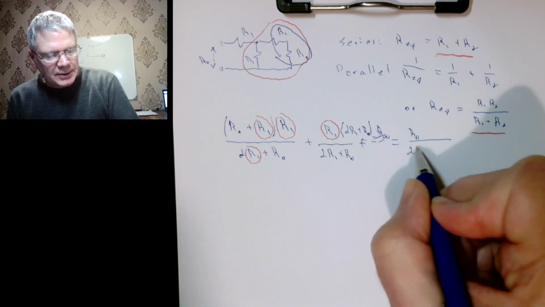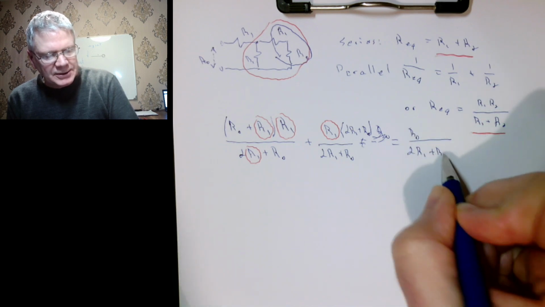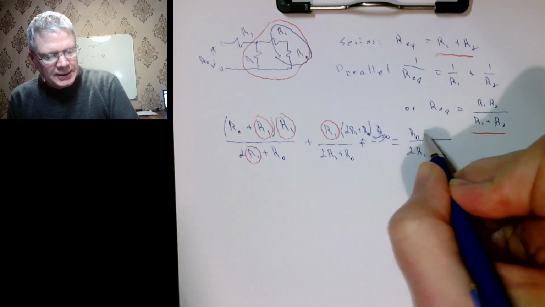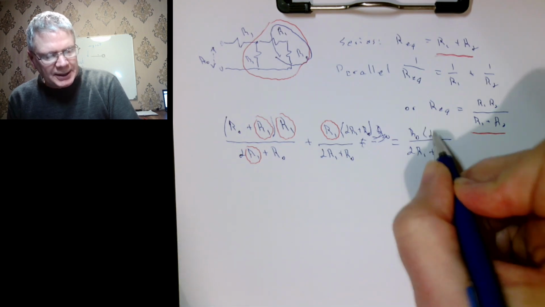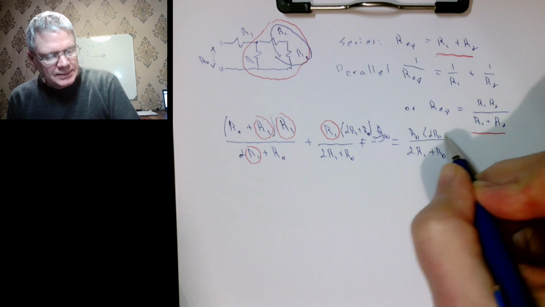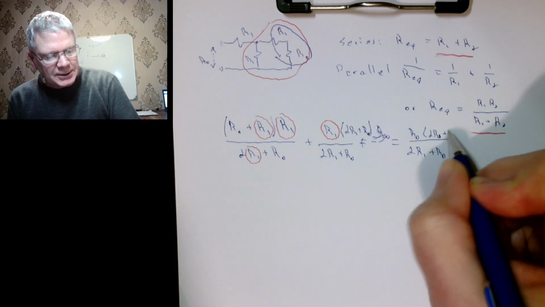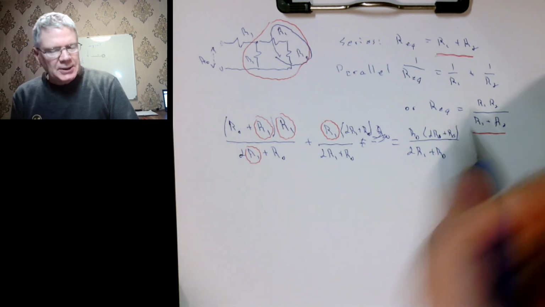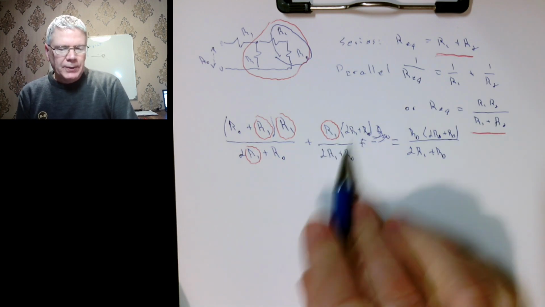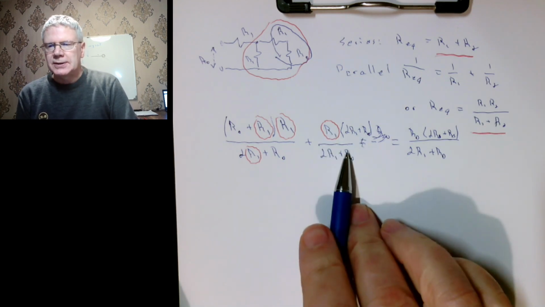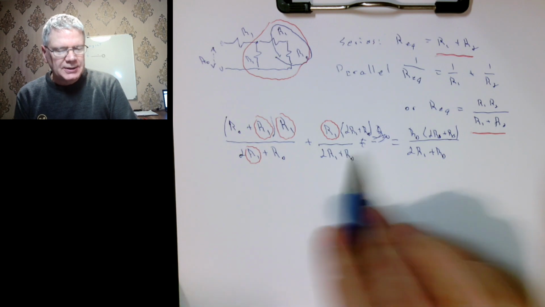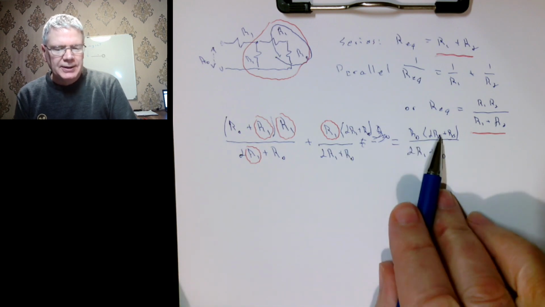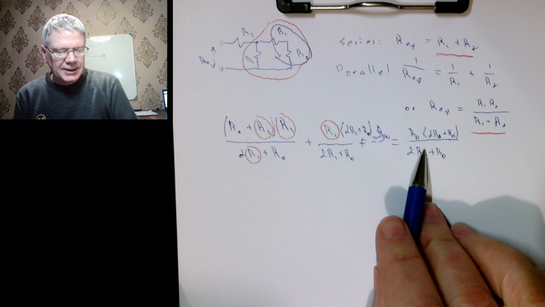I need a 2R1 plus R0 in the bottom, and in the top, I'm going to multiply by that, 2R1 plus R0. So I've basically multiplied R1 by 1, taking this fraction to use the common denominator I want, and I've multiplied R0 by 1 using that same denominator.